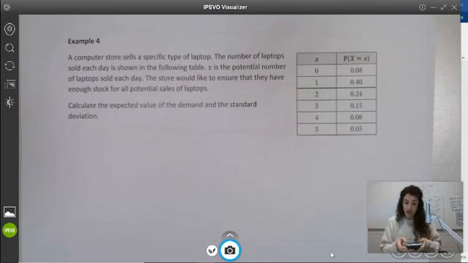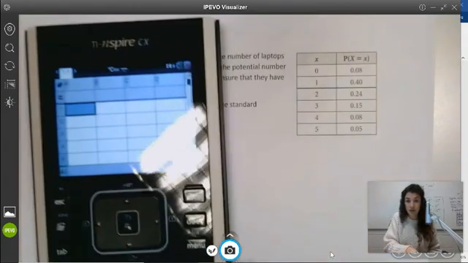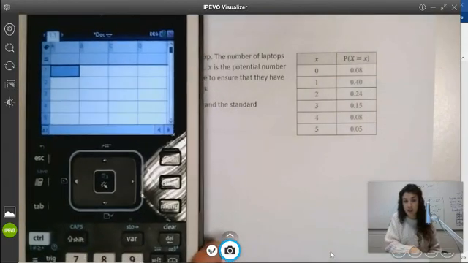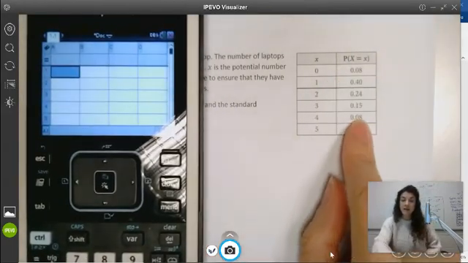So the really cool thing about math is that we can actually just plug these probabilities into your calculator, into the lists and spreadsheets page, just as the probabilities.